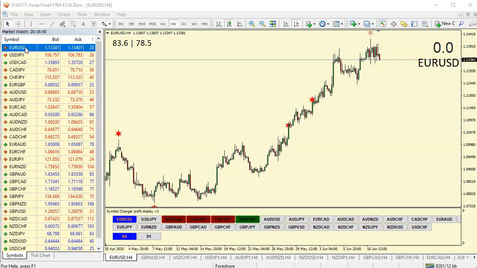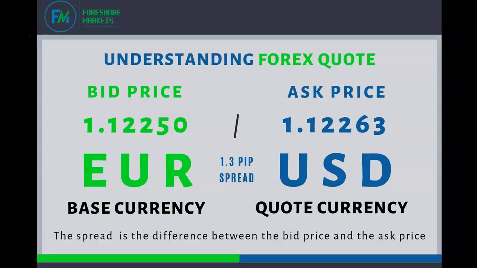Then they will now take what they buy from you and resell to the next person at the ask price, so that at every point in time, whether you make a profit or a loss, the broker will always make his commission, and that is what the brokerage business is all about. So that is a simple currency code and how it is interpreted. That is basically how you interpret a Forex code.